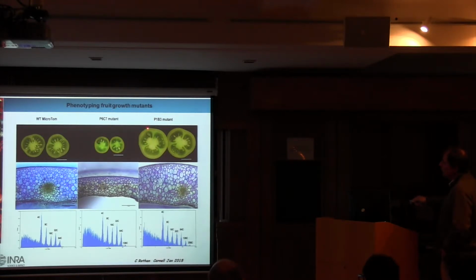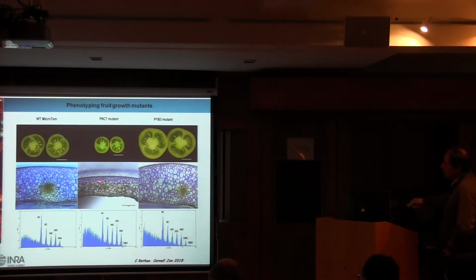This mutant, which is a large fruit size mutant, has more cell layers but mostly larger cells. This is linked to an increased C value here, an increase in endoreduplication. So you have large cells with a larger nucleus.